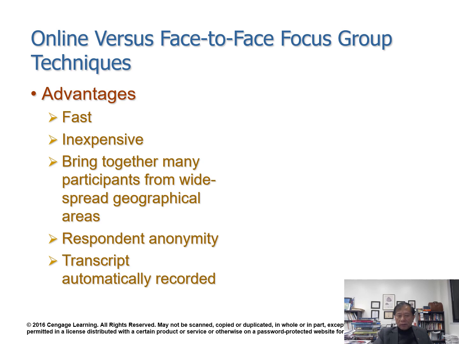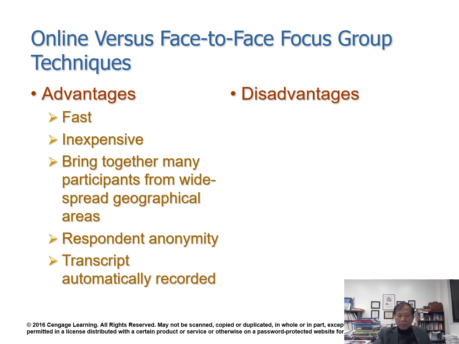For online focus groups, the advantages are that obviously it is fast. It is inexpensive, and it brings together many participants from widespread geographic areas. Respondent anonymity can be assured, and the transcript can be automatically recorded.